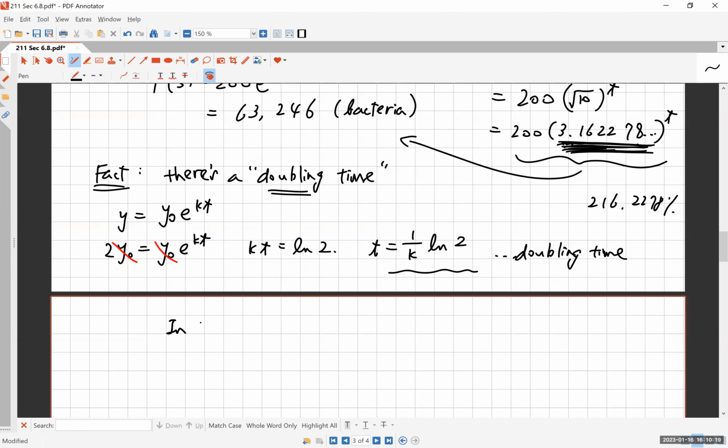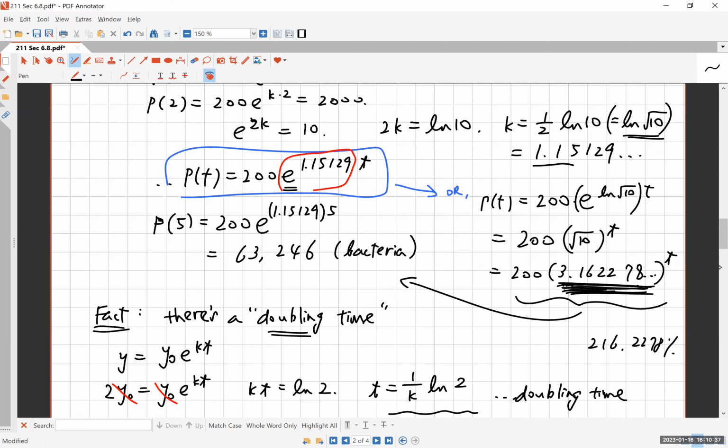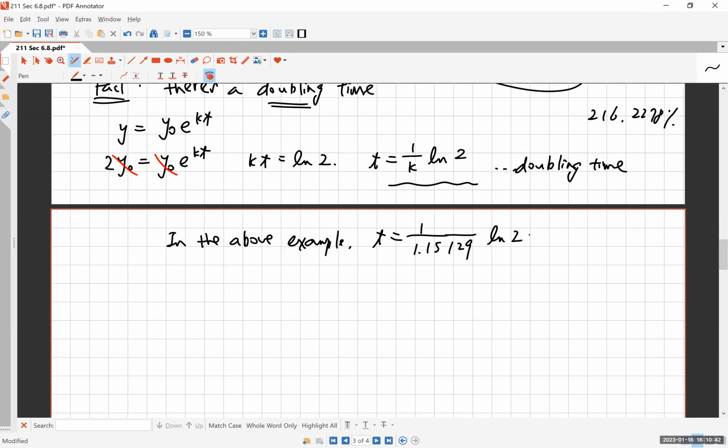Okay, in the above example, if you try to find the doubling time here, it's 1 over that number, which is what? K was 1.15129 something, right? Remember? Yeah, that K. If you plug that number in the denominator and multiply by log 2, you will get approximately 0.602 hours. 0.6 hours, that's about 36 minutes, because 0.1 hour is 6 minutes.